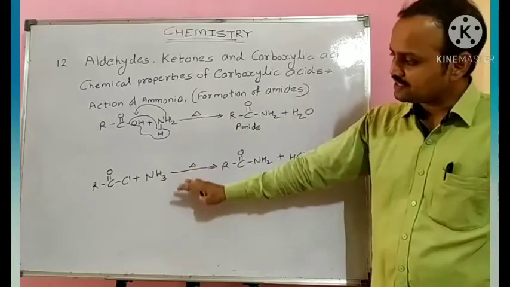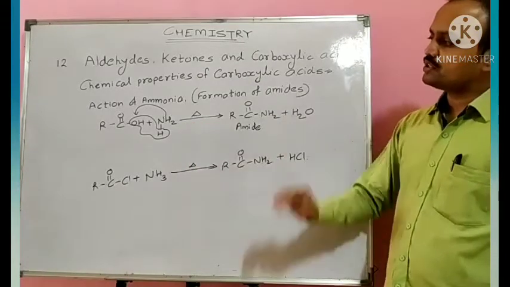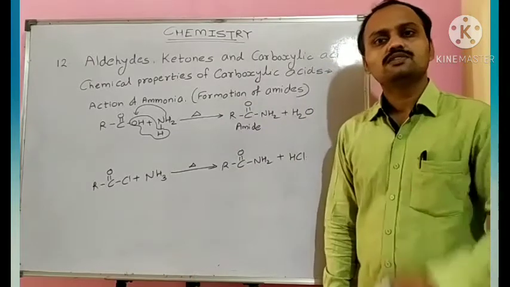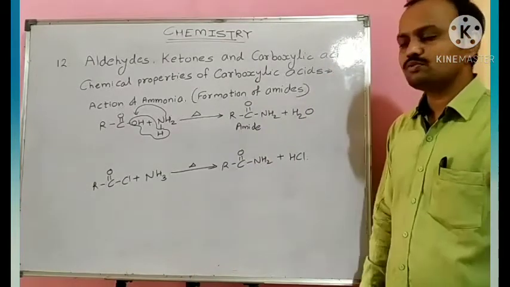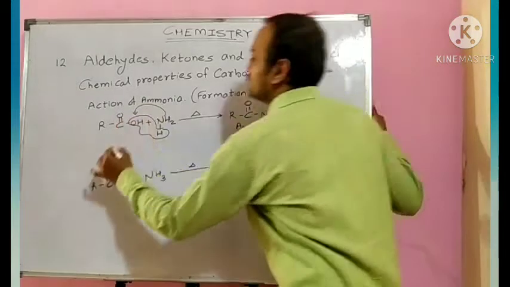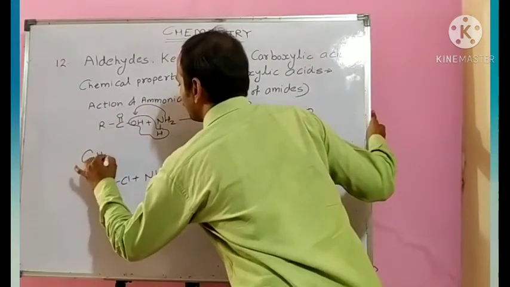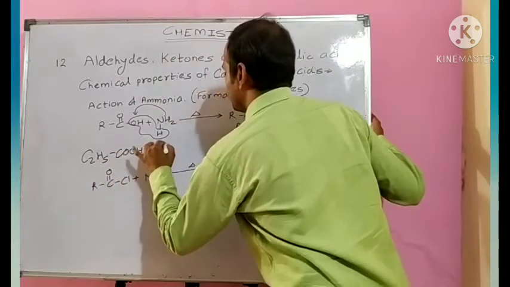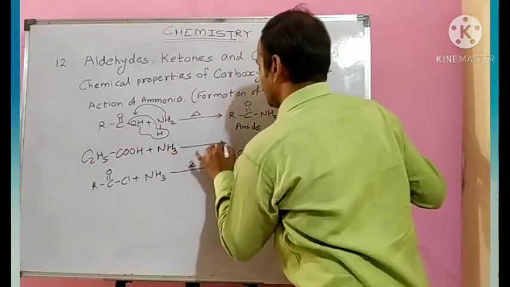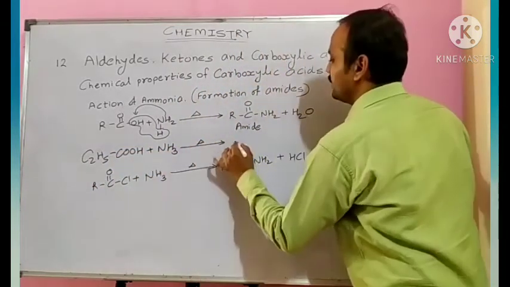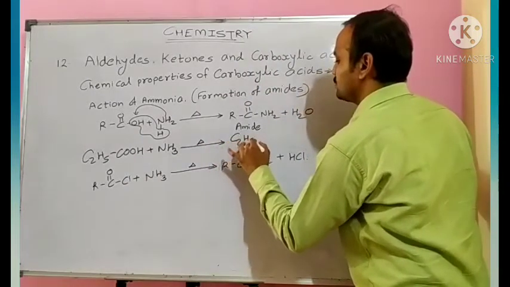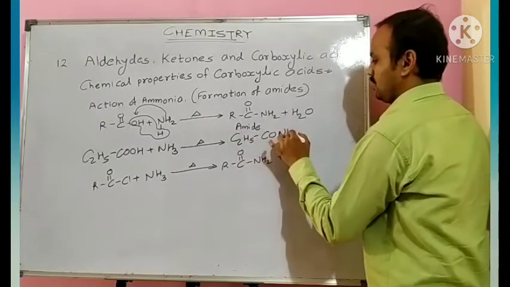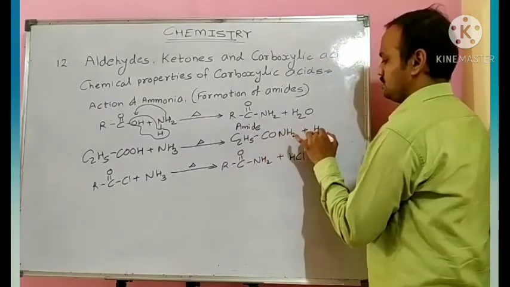I will write example for the same. In both of these chemical reactions I will replace R by C2H5, and let us see what product I am getting. C2H5COOH plus NH3. I will get C2H5CONH2 plus H2O.